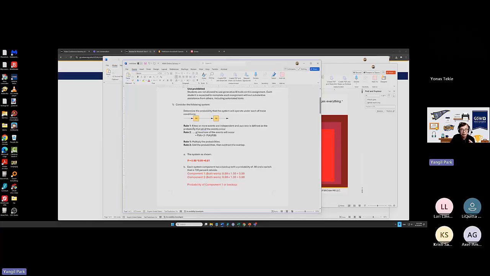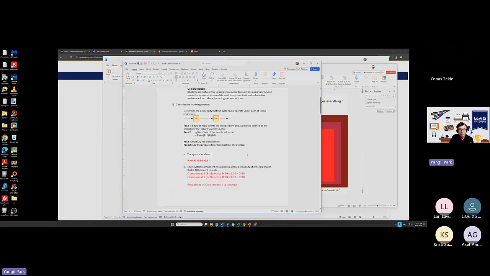Rule 1 is that two or more events are independent and success is defined as the probability of all events occurring, meaning that both of them work fine. Then all you do is just multiply those reliabilities, which is simple. But the second situation is more of a question: only one works out of those two components, then what are we going to do? That's the problem.